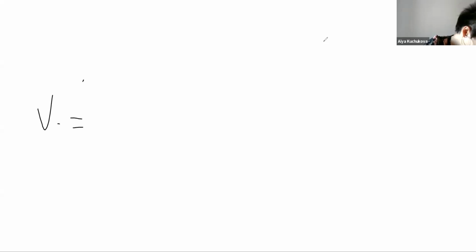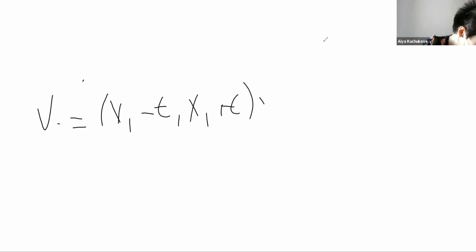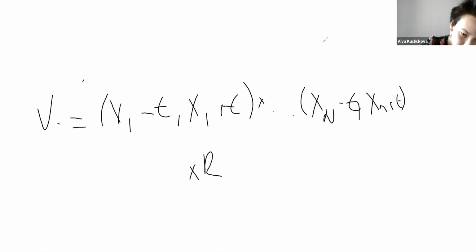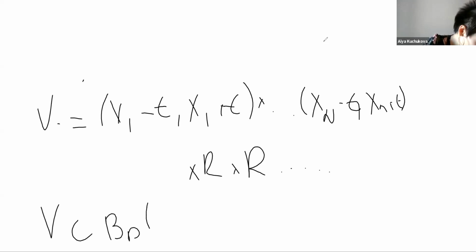We'll write it like that: (x_1 minus epsilon, x_1 plus epsilon) times ... times (x_n minus epsilon, x_n plus epsilon) times R and so on. And what we want to show is that V is actually in that ball, right? So how do we do it?